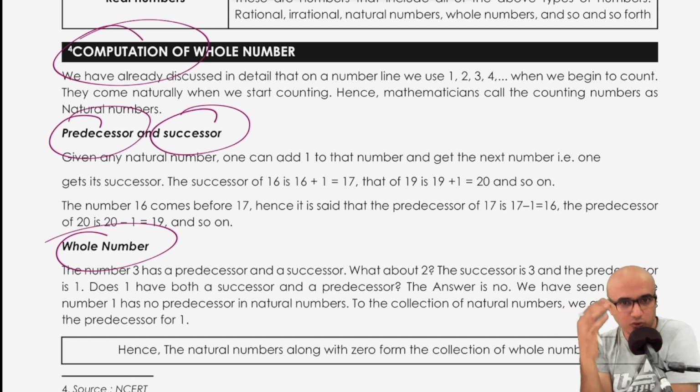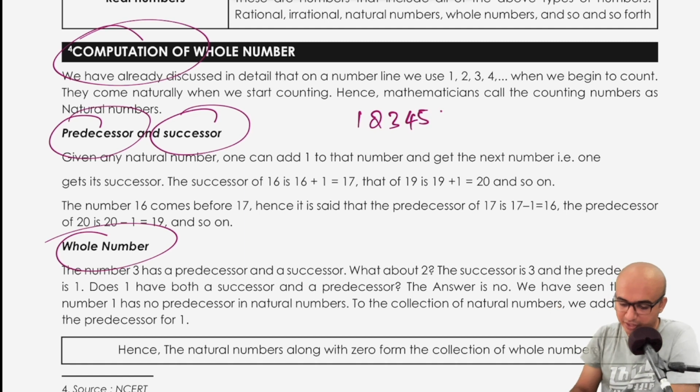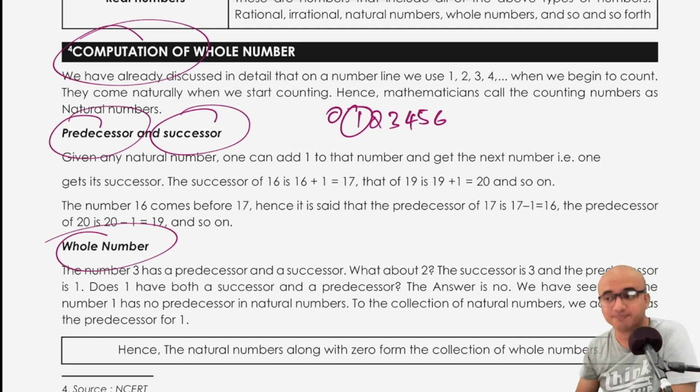See, earlier when we only thought of natural numbers, 1 had no predecessor, because if you think of natural numbers, it will be 1, 2, 3, 4, 5, 6, like that. There is no predecessor to 1. Of course, there is a successor, which is 2. So then what did we do? We threw in 0 to make sure that 1 is not left alone and it has 0 as its pre-party chill spot. So that is what it is.